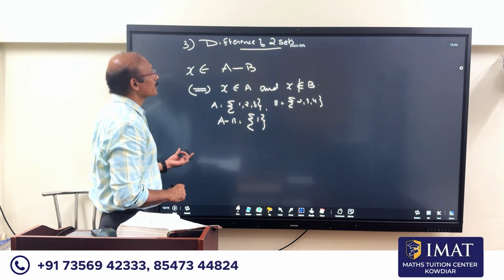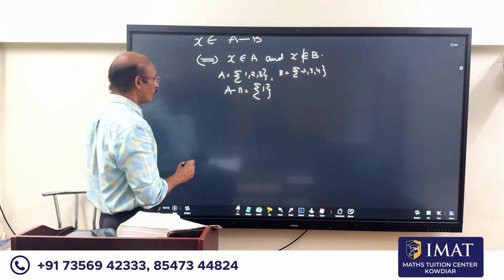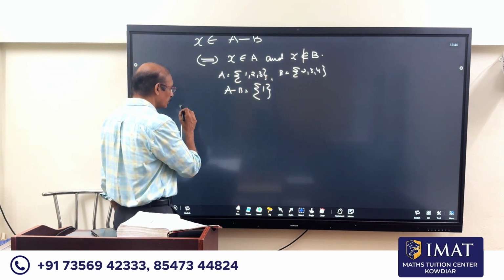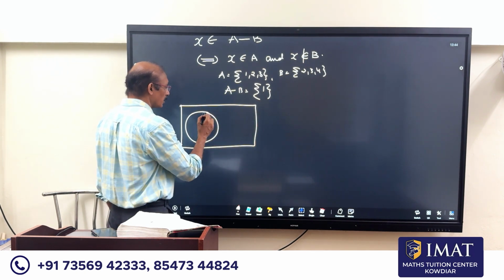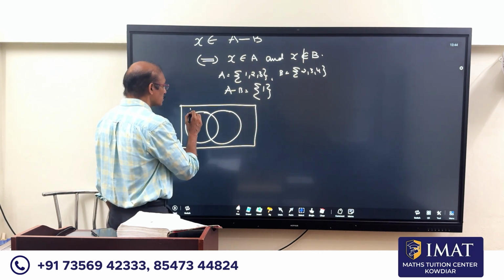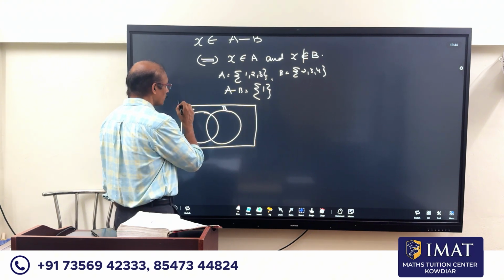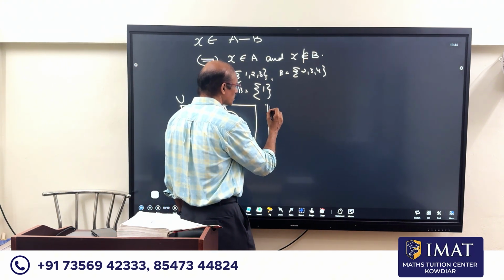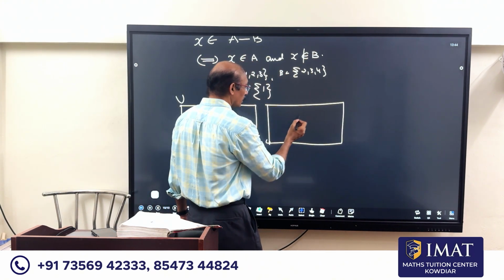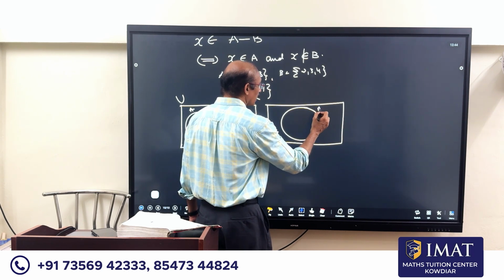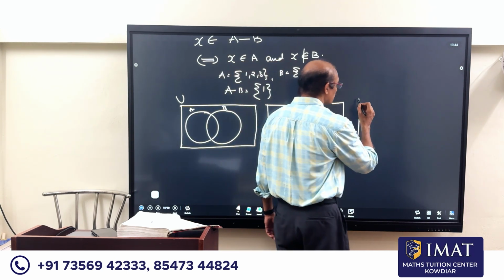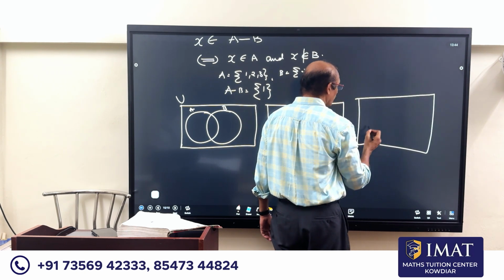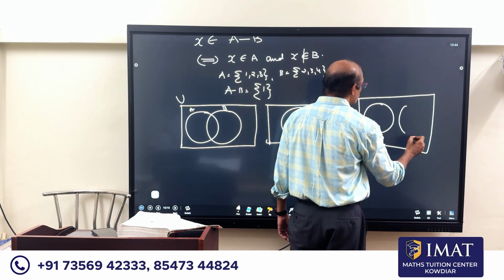Okay, now how do you represent this in the Venn diagram form? Let us take all the three cases once again. So I take one set A, the other set B, this is A, this is B, universal set. Let me take the next case where this is A and B is contained in A. And the third set where A and B are disjoint.